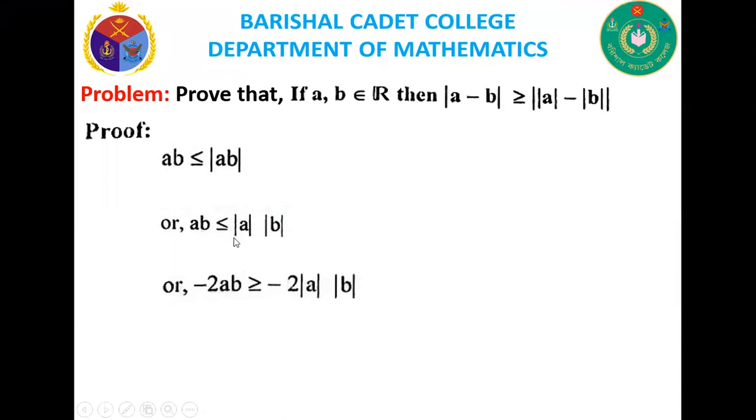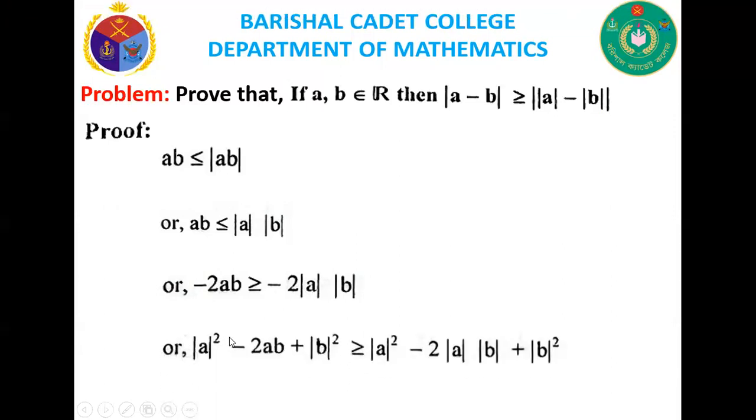Then multiplying this inequality by -2, we get -2ab. Since -2 is less than 0, the sign will change. It will be greater than or equal to -2 modulus of a into modulus of b.